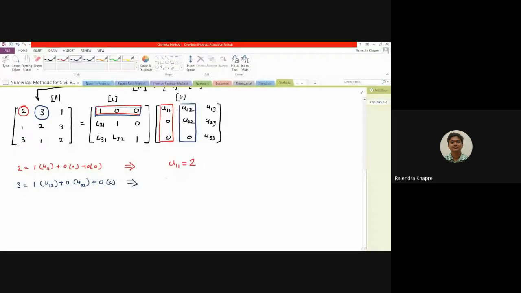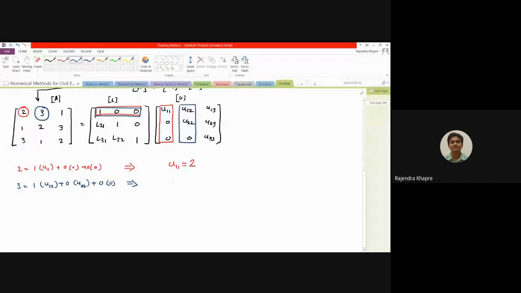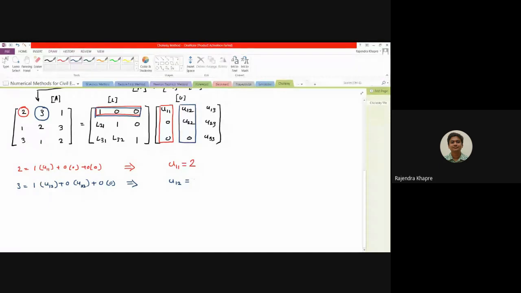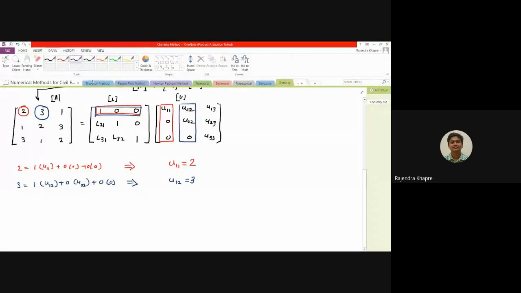So if you solve this, you should get u12. How much u12 is there? 3. Okay, good.